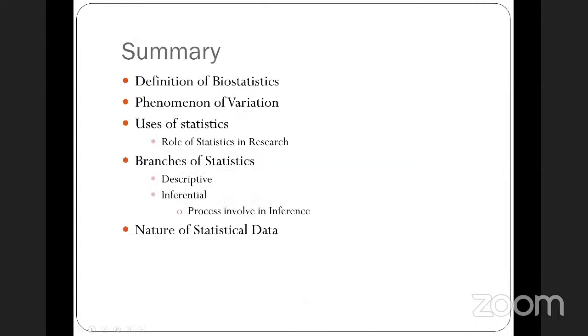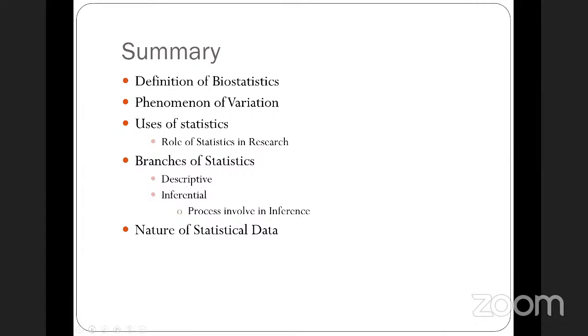So in summary, this would be your definition of biostatistics. It's any use of numbers that's applied in your biological sciences. We know that in any statistics, we have variation. Uses of statistics were mentioned and enumerated, especially in research. And we have descriptive and inferential statistics, processes that involve inferences.